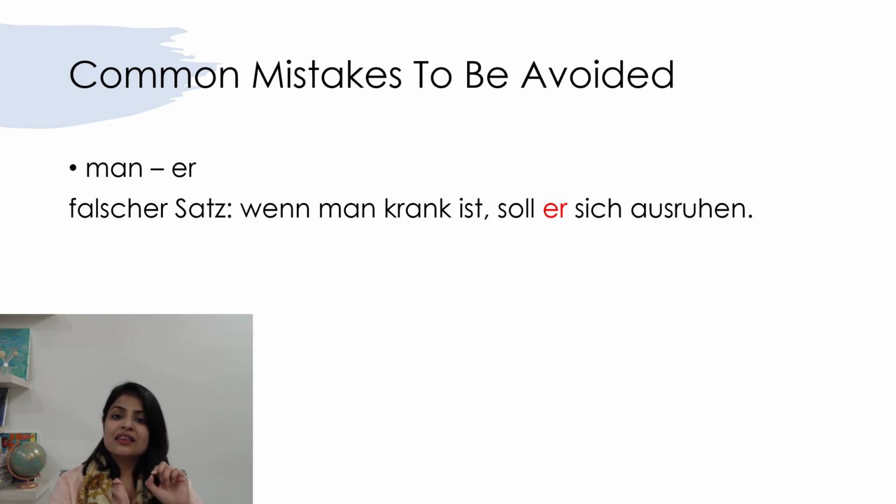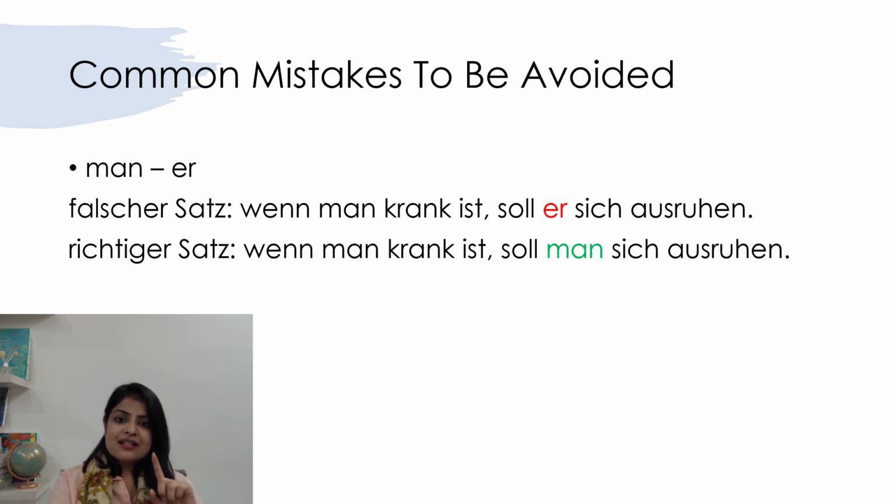That is the most common mistake which German learners tend to make. Richtiger Satz heißt, wenn man krank ist, soll man sich ausruhen. You should not replace man with er. That is the most common mistake which German learners make.